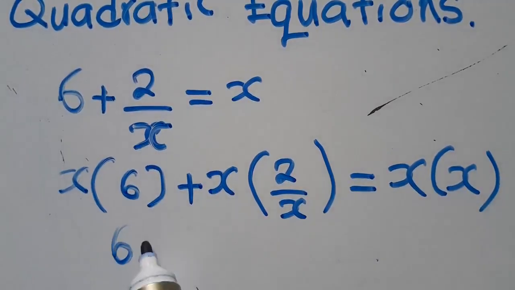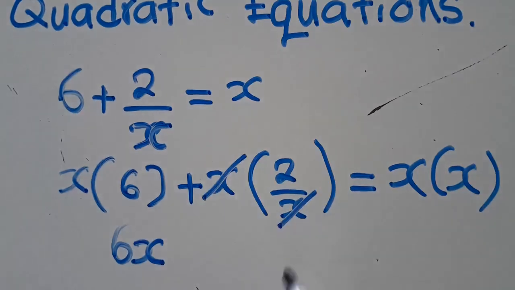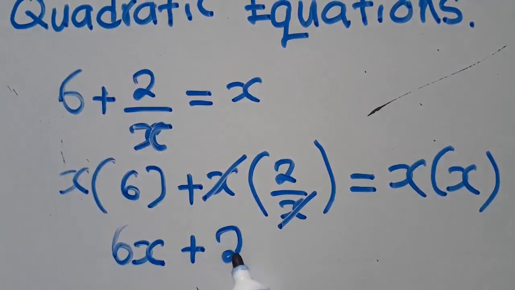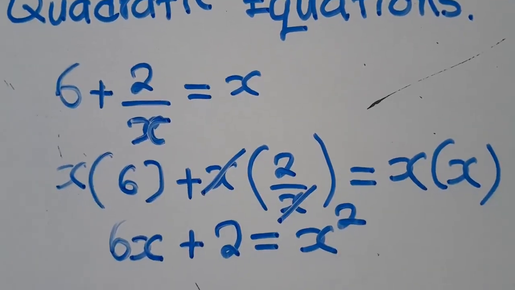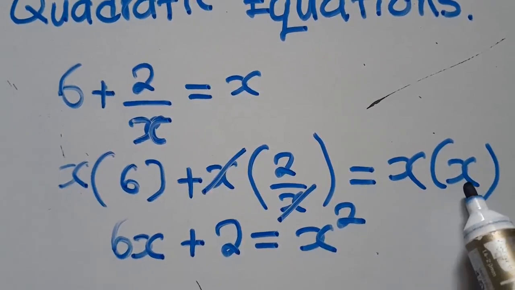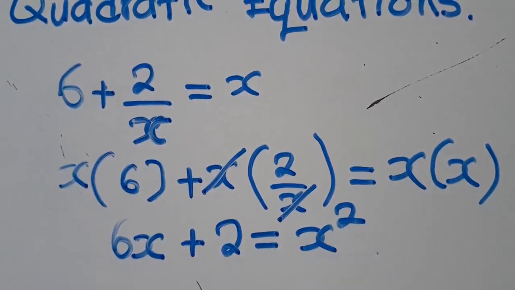That is 6x. The x and x cancel, and we remain with plus 2, which is equal to x squared. You know that when you say x times x, it is x squared. So now you are done with this.